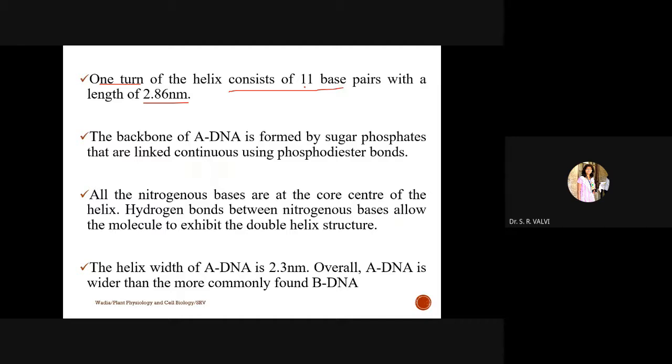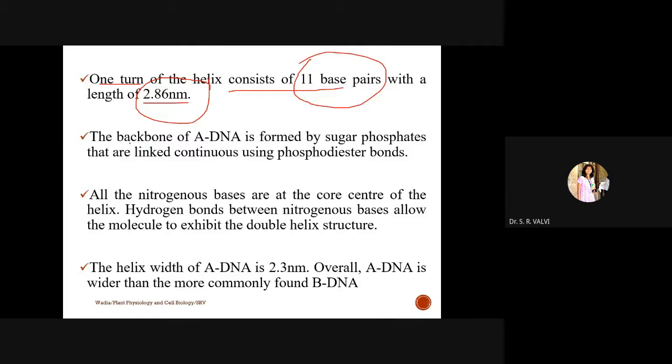So in one turn of A type of DNA, 11 base pairs are present, and the length is 2.86 nanometer.